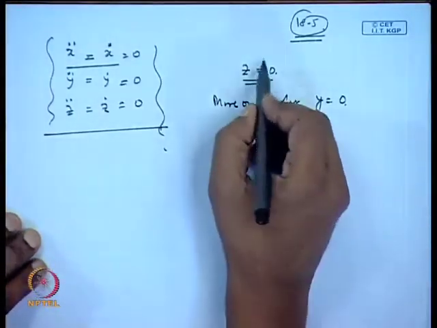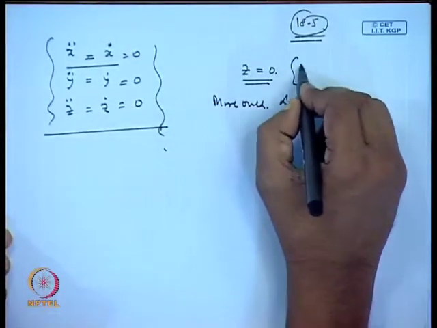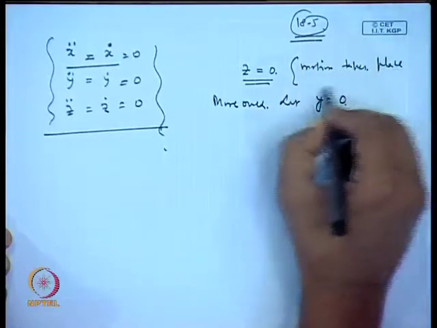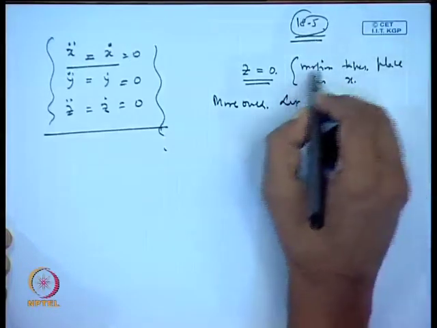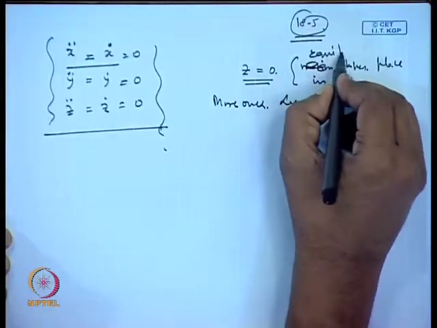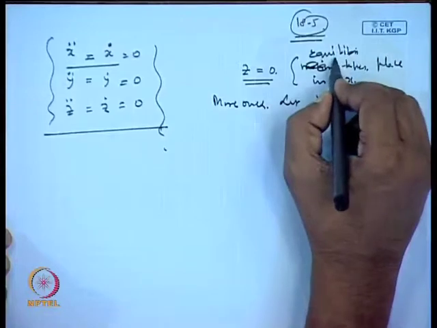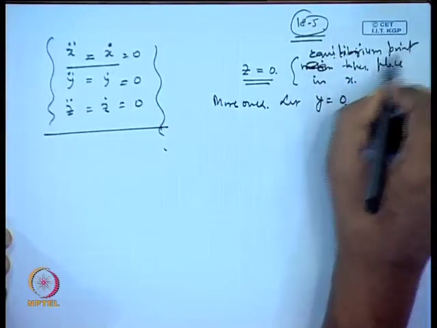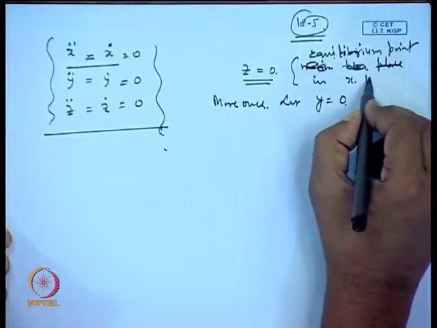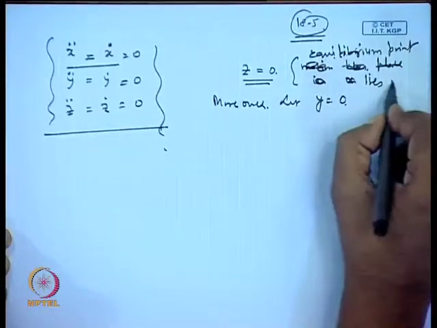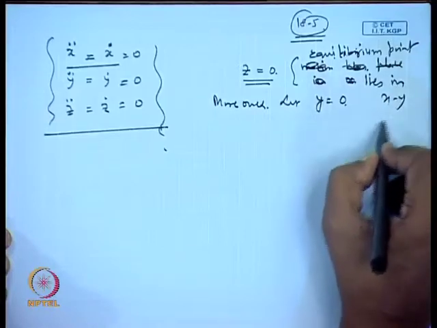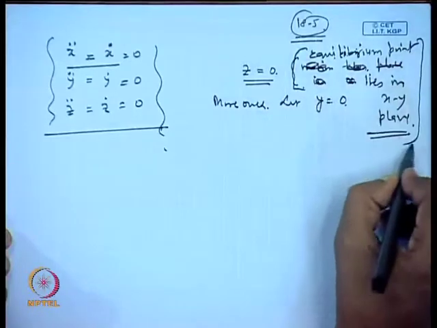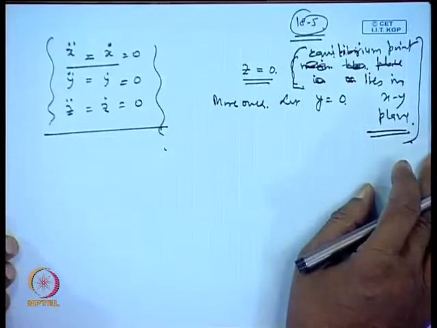From there we found that the equilibrium point lies in the x y plane. Once z equals 0, this implies that the equilibrium point lies in the x y plane.